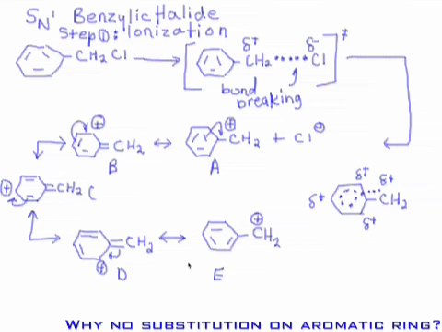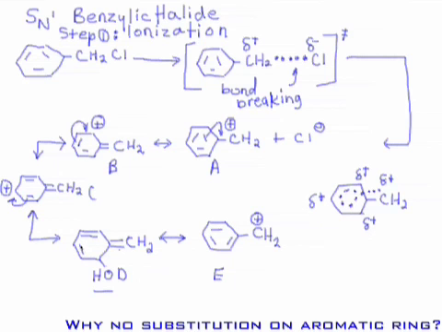However, take structure D. What would happen if a nucleophile came in and bonded to the positive charge in D? That is, I got an OH here. What would happen if this occurred? Well, you notice the ring pi system is now no longer an aromatic system. That is, the OH has disrupted the aromaticity of the ring.